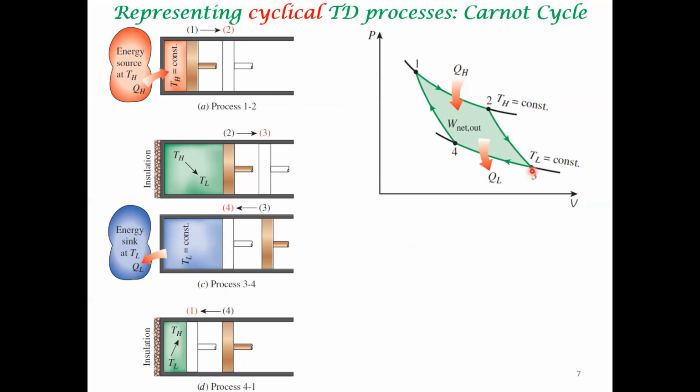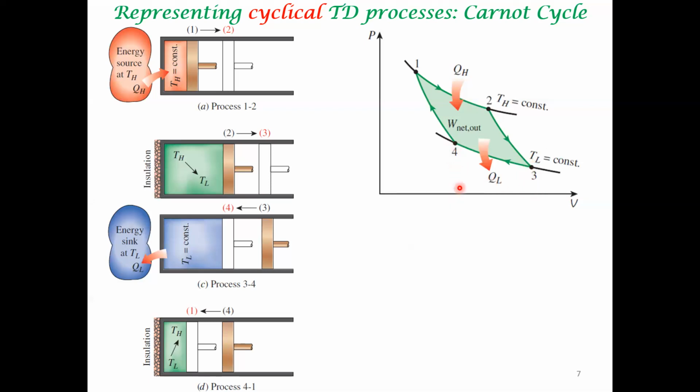So you are at point 3, right? Then again, you remove this insulation, facilitating heat exchange to a low temperature reservoir. So you give off some heat, but the temperature is the same. It is still TL. It's an isothermal compression, compressing the volume from this point to this point, right?